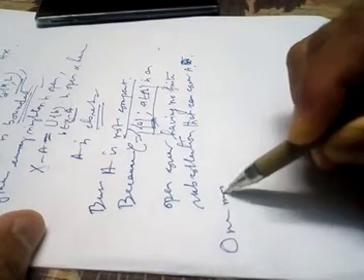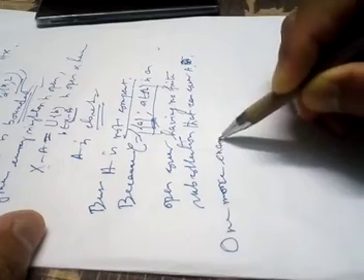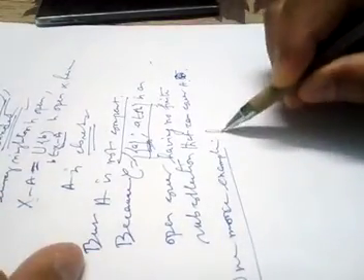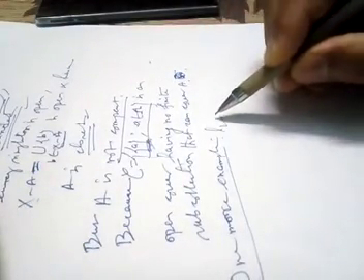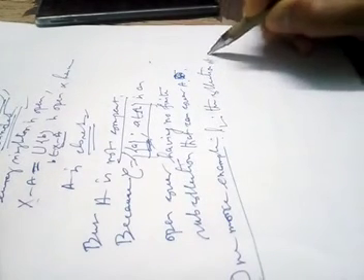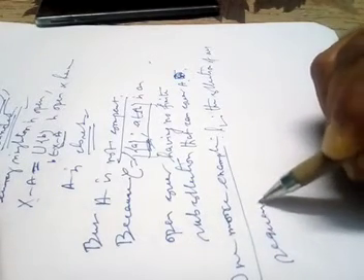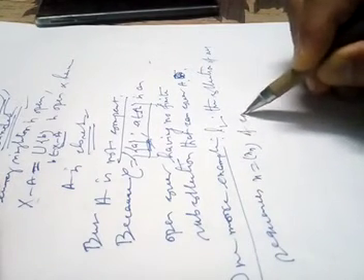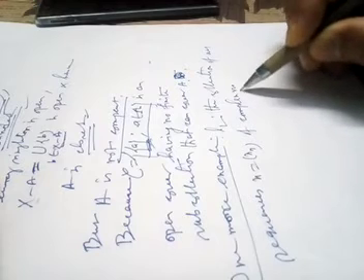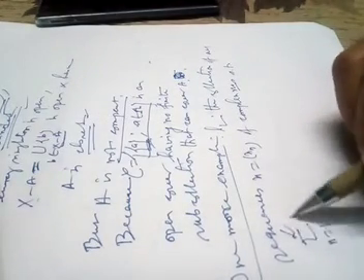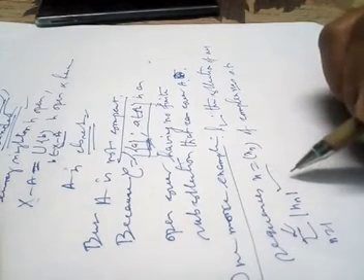One more example is L2. L2, you know. L2 is the collection of all sequences, say x equal to (xn), of complex numbers such that this infinite series, the sum of mod xn square, is convergent.